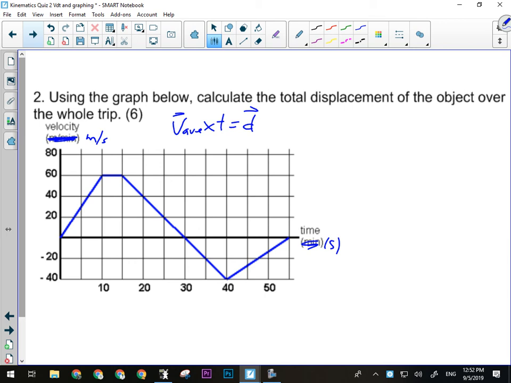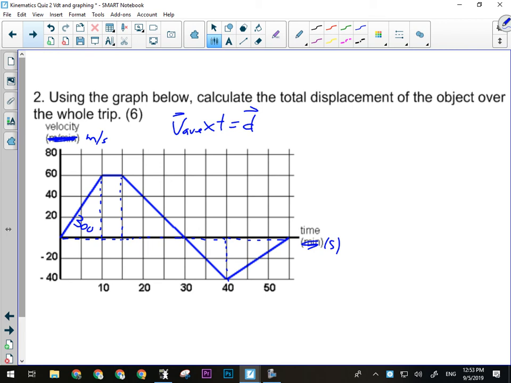So here are the shapes we're going to be looking for. 5 shapes, questions out of 6 marks. You get 1 mark for each shape plus the total. Pretty straightforward. This first triangle here, we have a base of 10 and a height of 60, but it's a triangle, so it's basically 60 times 10 over 2, which is 300.